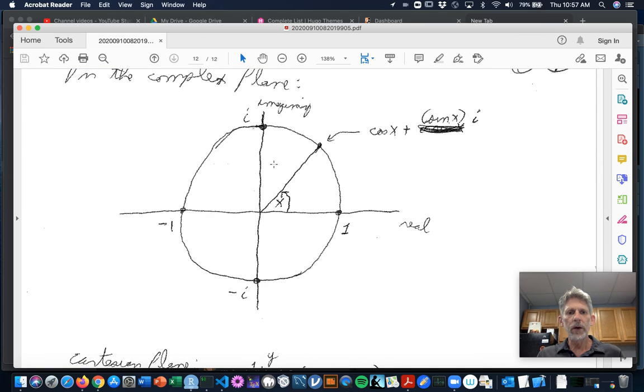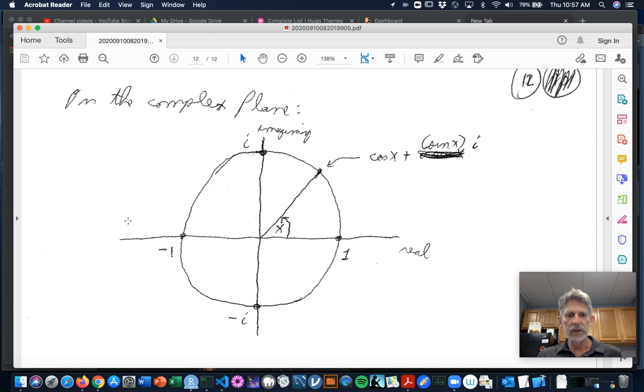I would like you to now think about the complex plane with its real axis and its imaginary axis, I at the top, minus I at the bottom. And I've drawn that same unit circle. So everything on the circle is 1 unit away from the origin of the complex plane, the number 0 here.